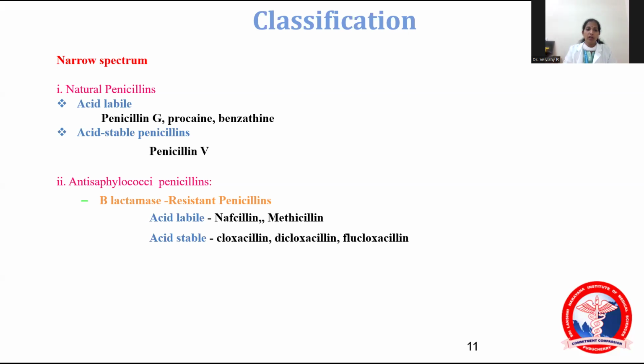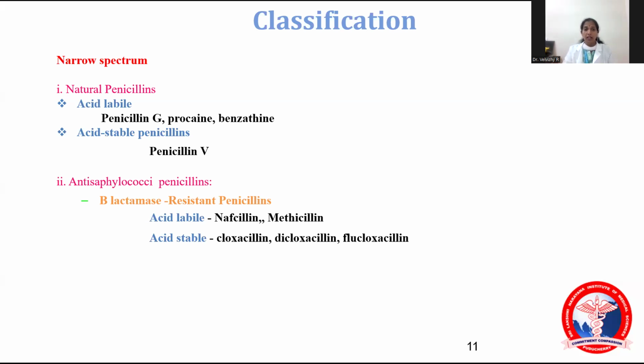The second group is anti-staphylococcal penicillin. I told you staphylococcus is the bacteria which produces beta-lactamase enzymes, and these enzymes destroy the beta-lactam ring and make the penicillin ineffective. But this group of drugs, like nafcillin, methicillin, cloxacillin, dicloxacillin, and flucloxacillin, are beta-lactamase resistant.